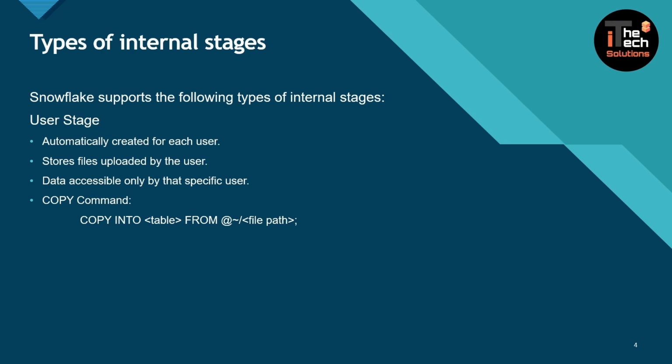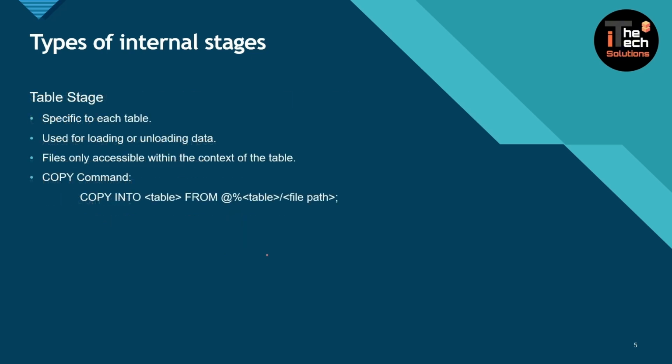It is only accessible to the specific user. The COPY command will be the same, but we just have a different way of referencing it, and that is represented by a tilde. So the user stage is represented by a tilde. The @ sign will be common in all. This is the only thing that differs across these types of stages.